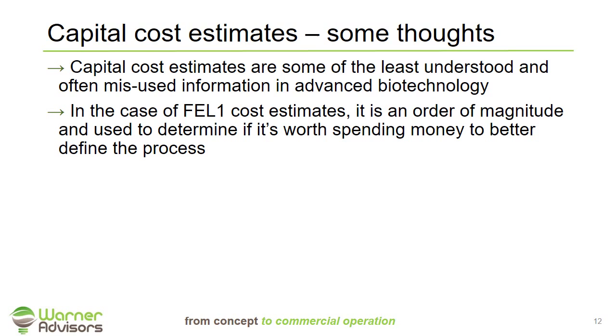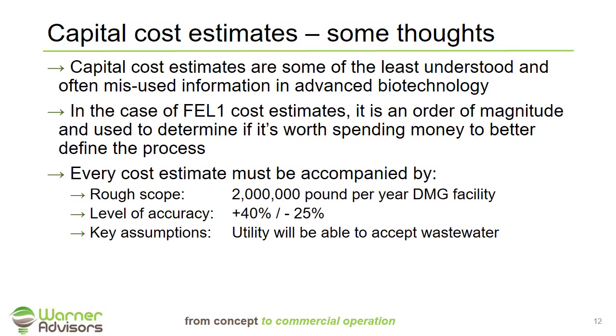So in the case of FEL1, it's an order of magnitude estimate. It's only used to determine roughly whether the project you're looking to build is going to be in the right economic range to be viable. For every cost estimate you give, and this is something I think is very important, you shouldn't just give a cost of a facility, the $31.2 million I discussed on the previous slide.